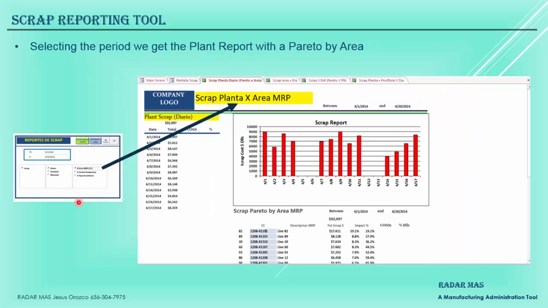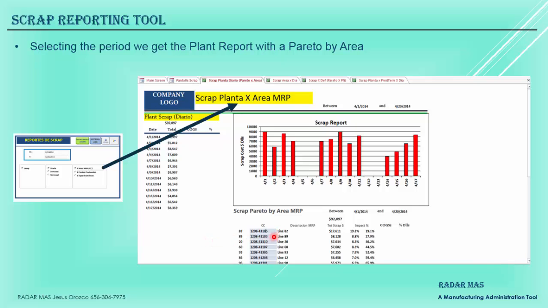By clicking in one of the options, for example, we can have the overall scrap report in the defined period of time. We can check the trend and a Pareto chart by area.